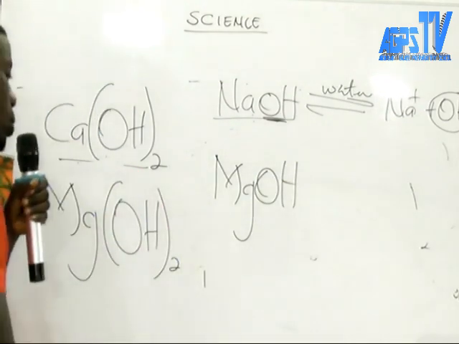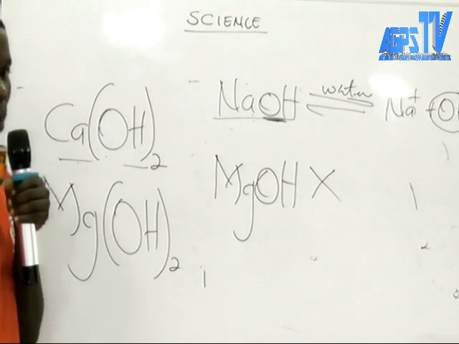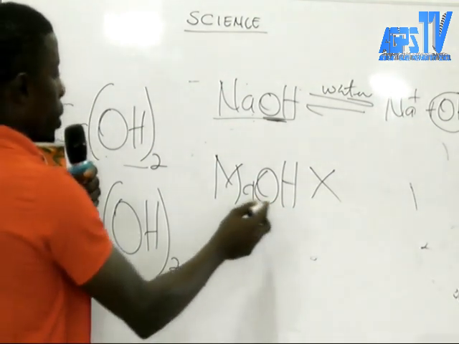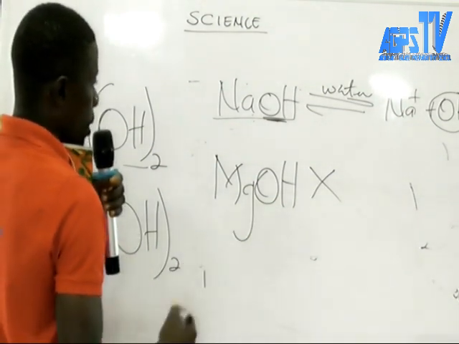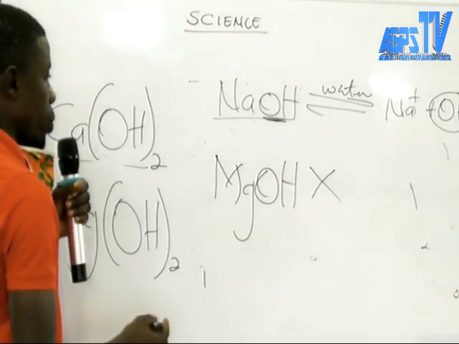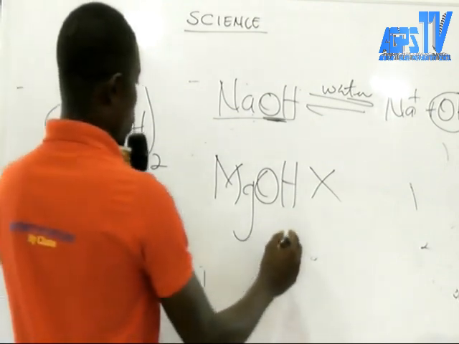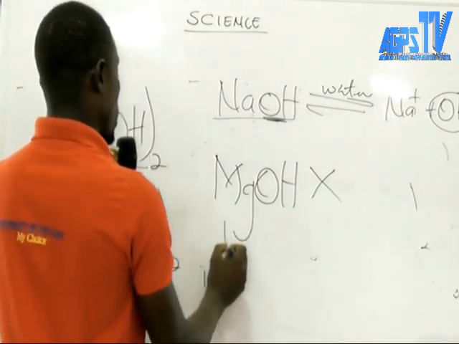This one too is not accepted. This one is wrong. The same procedure: the magnesium has a valency or a charge of 2, so automatically the valency of magnesium will be 2. So if you write the ionic formation, you get this one here.